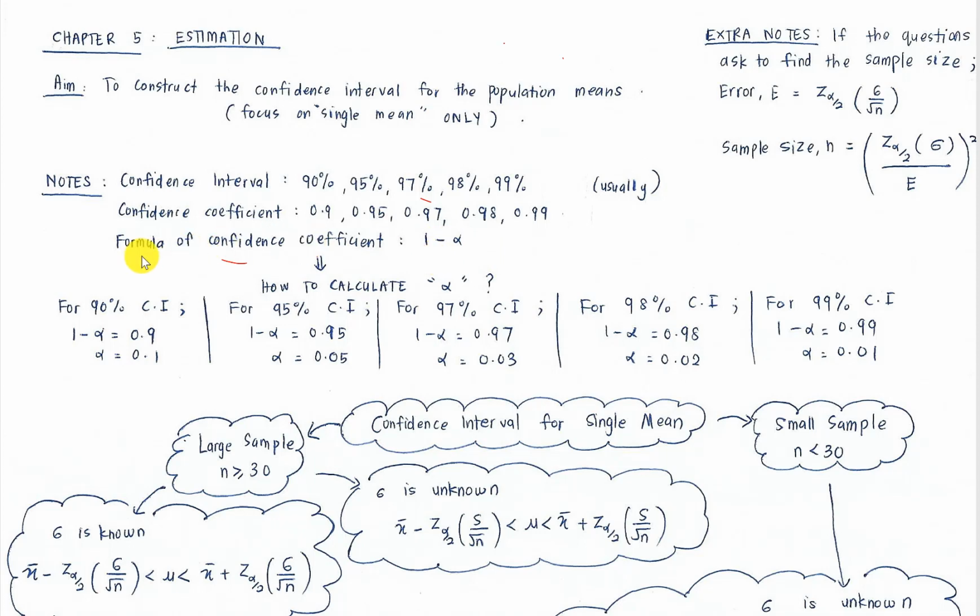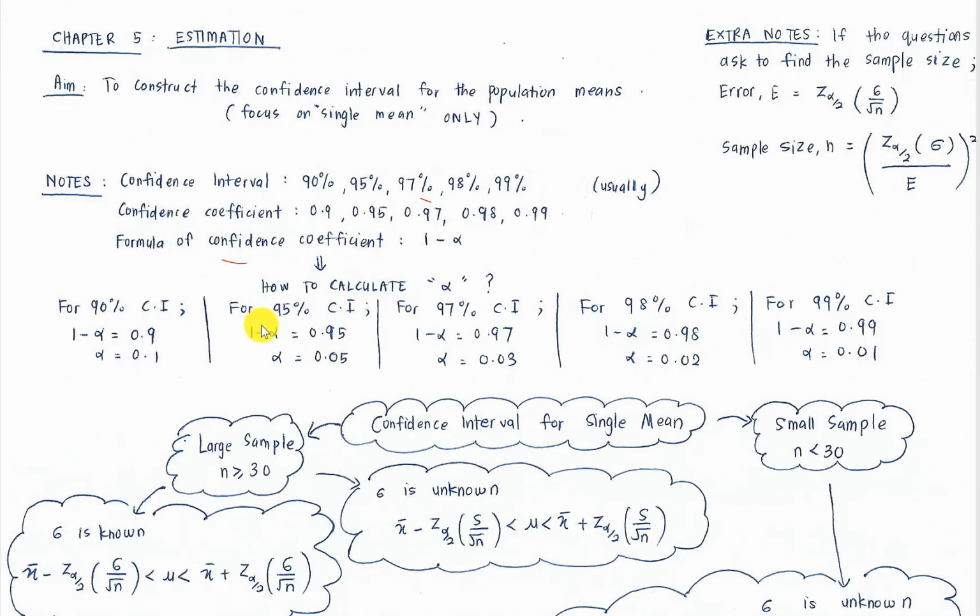When we talk about the confidence interval of 90%, we know that the confidence coefficient is 0.9. The formula to get the 0.9 is equal to 1 minus alpha. That means your alpha is 0.1.